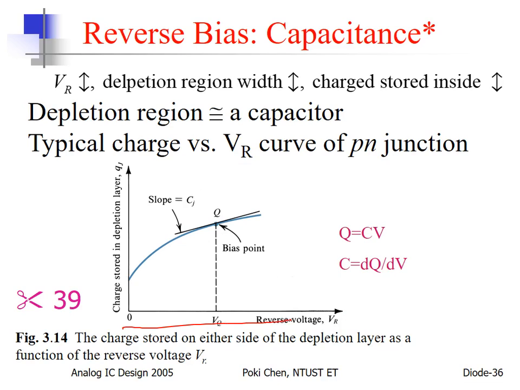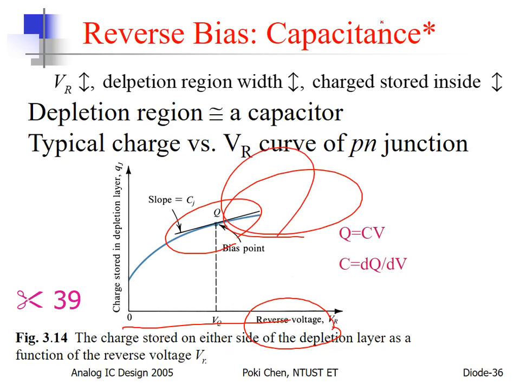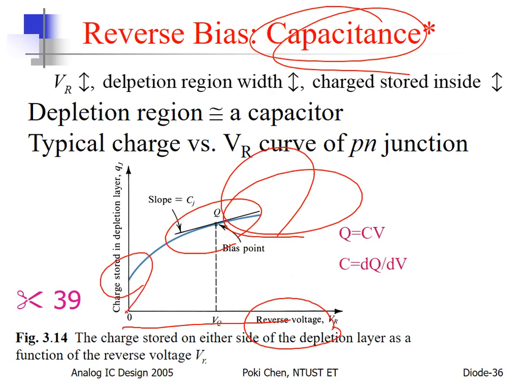Anyway, I would like to tell you the more reverse voltage means the slope will become smaller, right? The less parasitic capacitance. You will get the largest parasitic capacitance around 0. Here is the dangerous area. Don't touch.